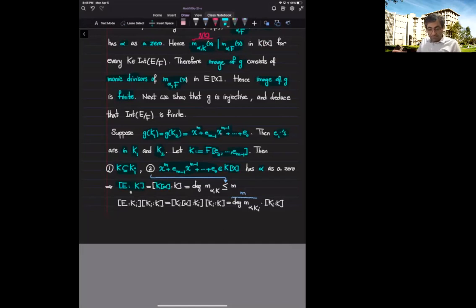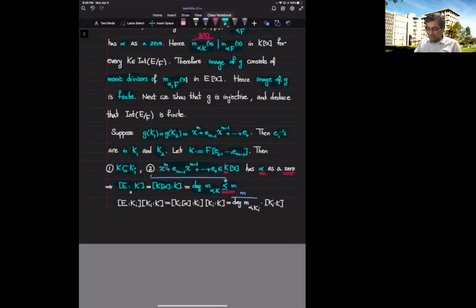So K[alpha] is E, and therefore the degree of E over K is the same as the degree of K[alpha] over K, and that is the degree of the minimal polynomial of alpha over K. As we just discussed, because alpha is a zero of this polynomial that has degree m, I can deduce that the degree of the minimal polynomial of alpha over K cannot be more than m. Remember that this is a polynomial inside K[x]. Okay, so far so good. We understand that the degree of this field extension cannot be more than m.